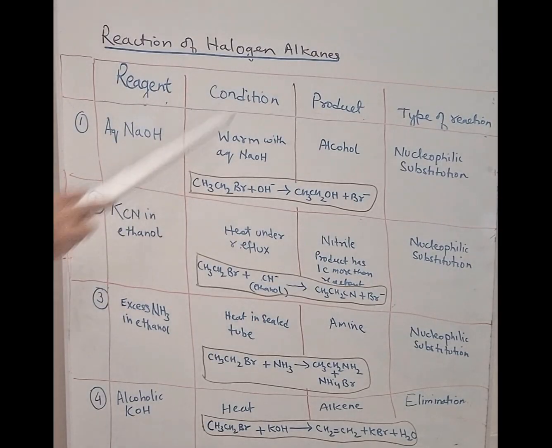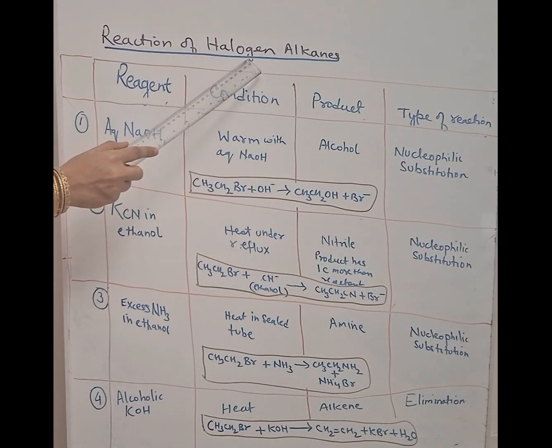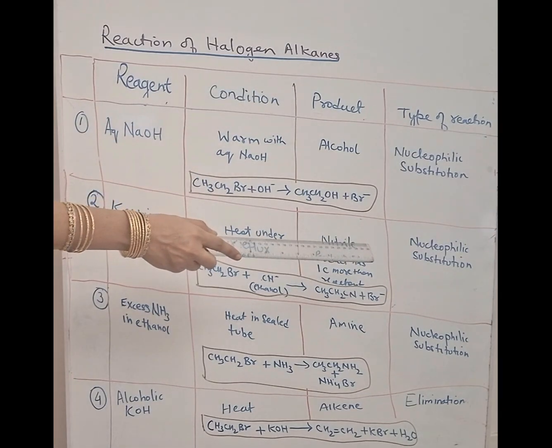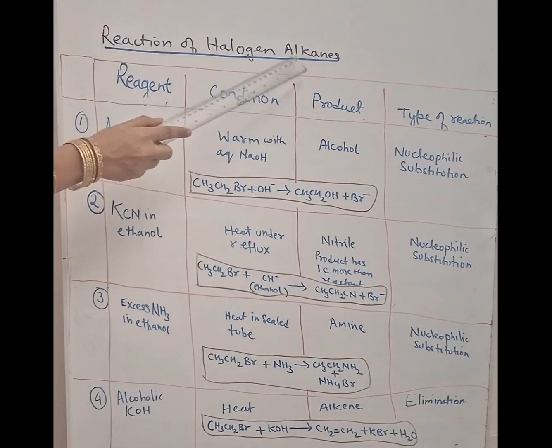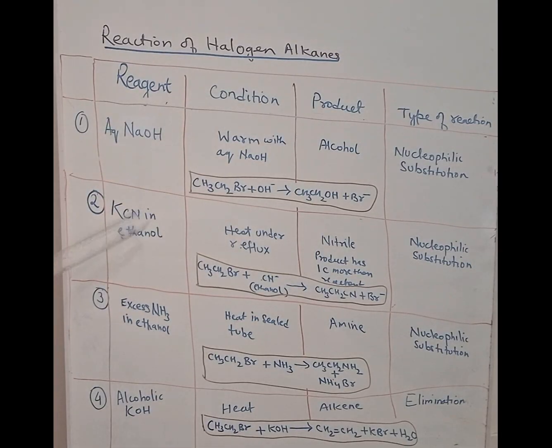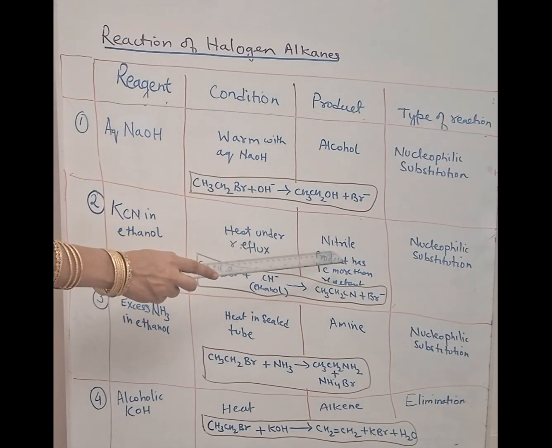Now the second type of reaction the halogen alkane undergoes is again a nucleophilic substitution reaction, and it is done with KCN in ethanol. The condition for this is heat under reflux. Whenever halogen alkane reacts with KCN, it must be present in ethanol and it must be heated under reflux. The product is nitrile.